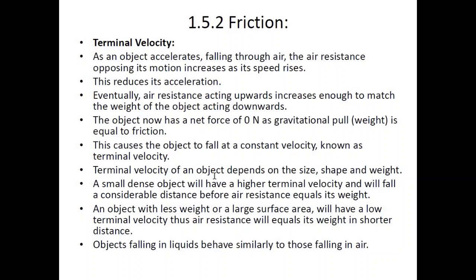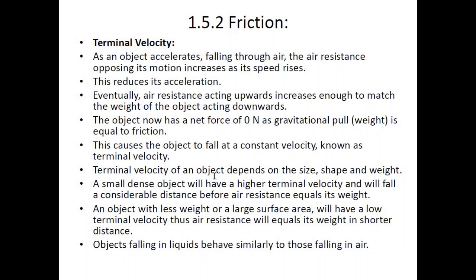Eventually the air resistance upward is able to match the weight of an object, or the pull of gravity downwards. Once this happens, that the air resistance and the downward pull of gravity become equal, then the resultant force on the object becomes zero. Hence the diver or the object keeps on falling at a constant velocity, which is known as terminal velocity.